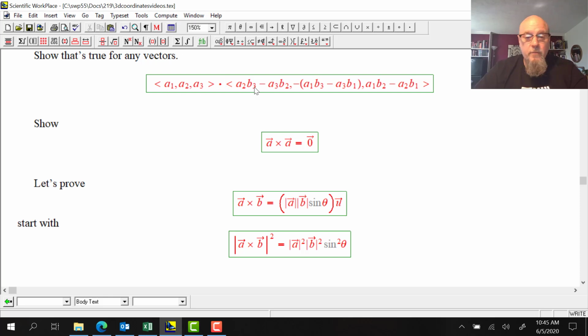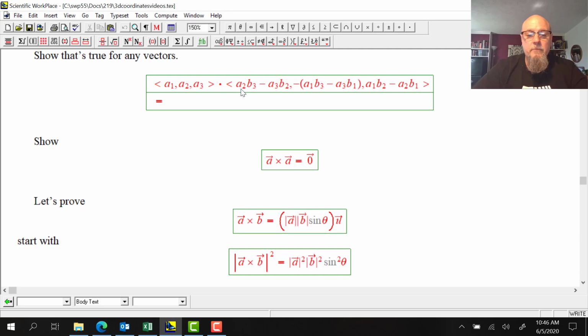So that's going to be first times first plus second times second plus third times third. Okay, first times first is going to be this piece times A1. I'll just distribute it across.